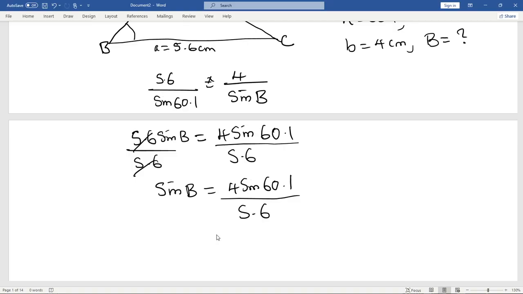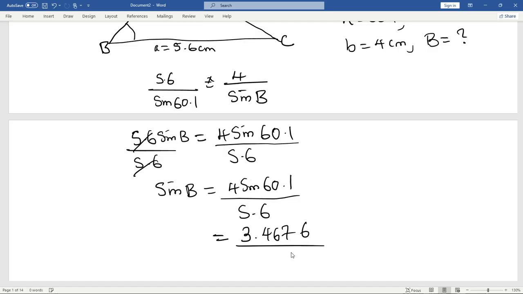Now, if we punch these numbers in, 4 sine 60.1 is giving me 3.4676.